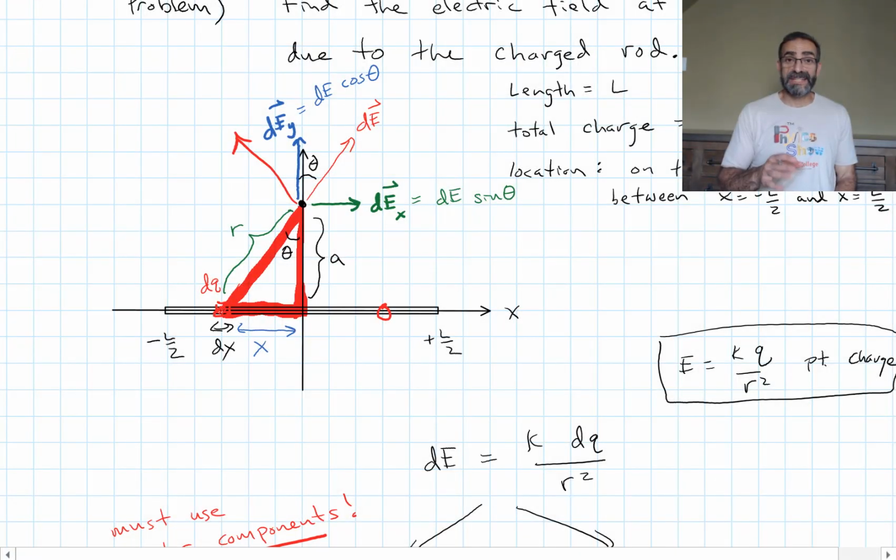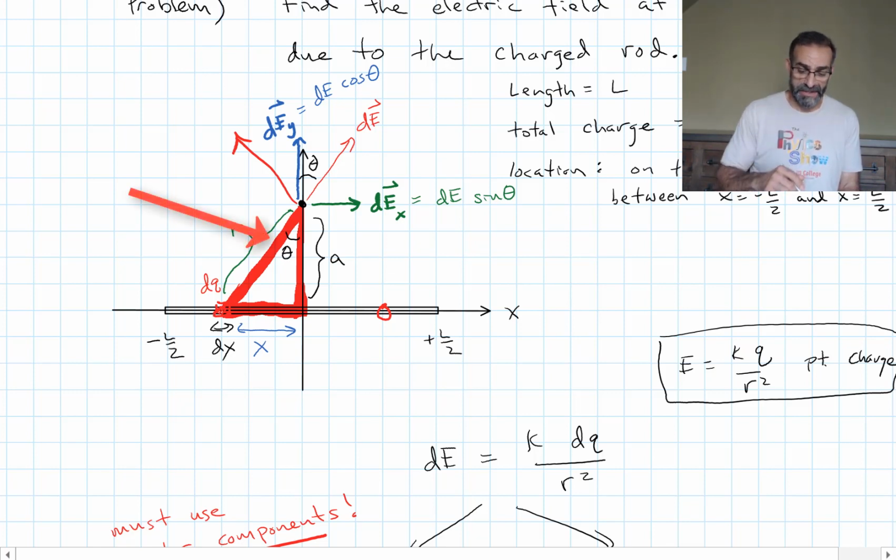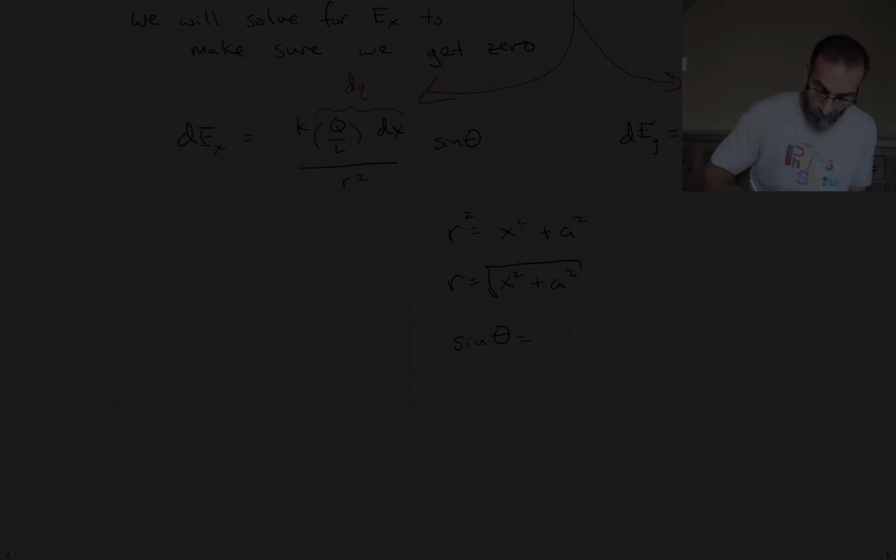Using this same right triangle, we can figure out what the sine of theta and the cosine of theta are in terms of x's, a's, and r's, because it's a right triangle. Theta is the angle at the upper part of that triangle. So for sine theta, we would use the opposite side, x over r, and for cosine theta, we would use the adjacent side, a over r.